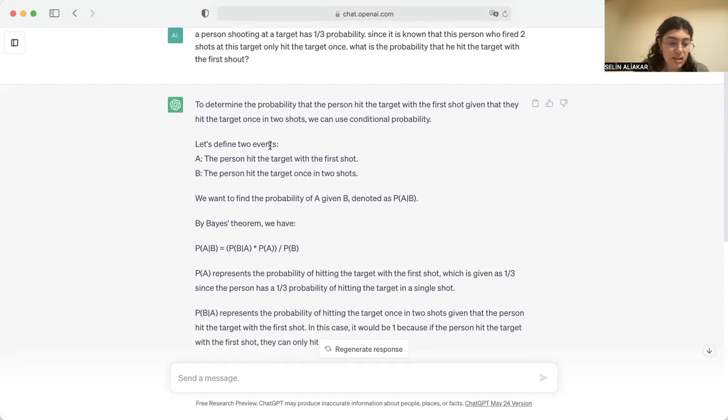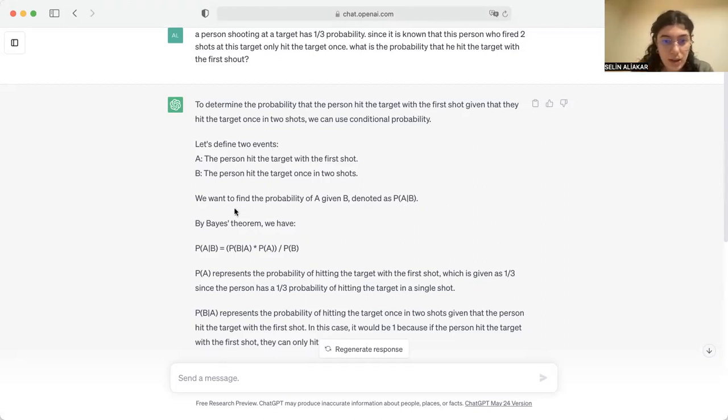I think the B event is not right, because we have to find the expected event by dividing it by all possibilities. The expected event is that the person hits the target in the first shot.